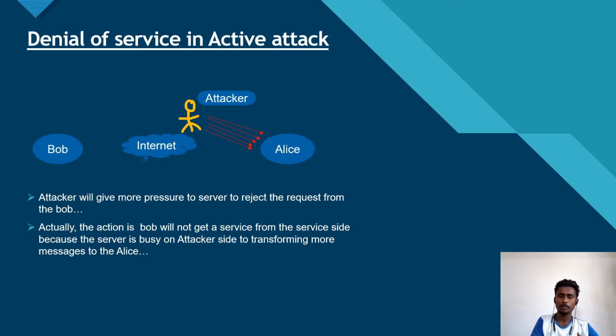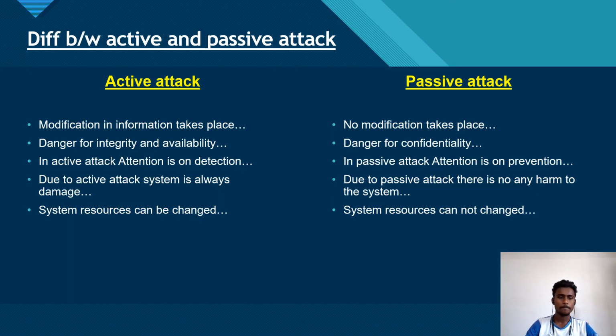Bob wants to send some message to Alice, but the internet does not respond to Bob, because the attacker is putting more pressure on the internet side, as he has more information to send to Alice. So the internet does not support Bob here. This is the scenario. Let's move on to the next slide.